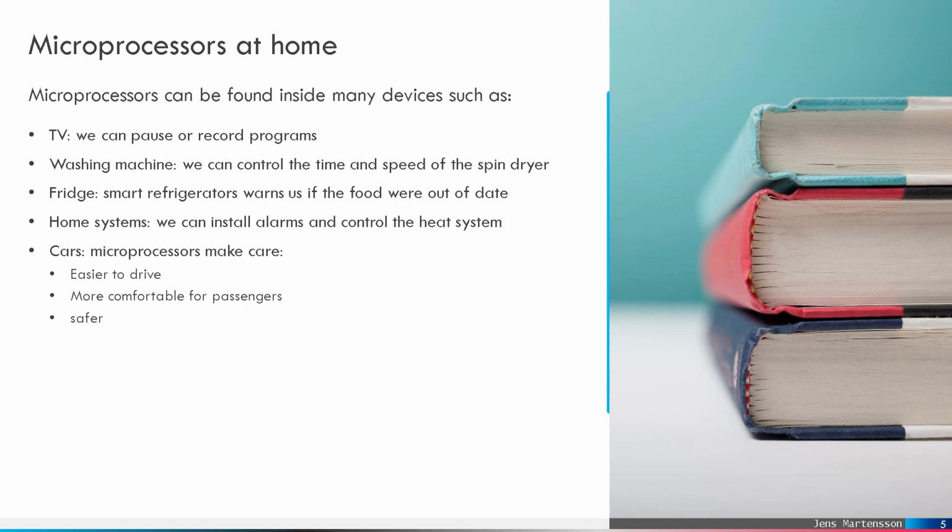Also, microprocessors can be found in cars. Cars, by the way, can have more than 60 or 70 devices inside of them that use microprocessors. The microprocessors in general make the car easier to drive. For example, we can use the GPS to navigate our direction.